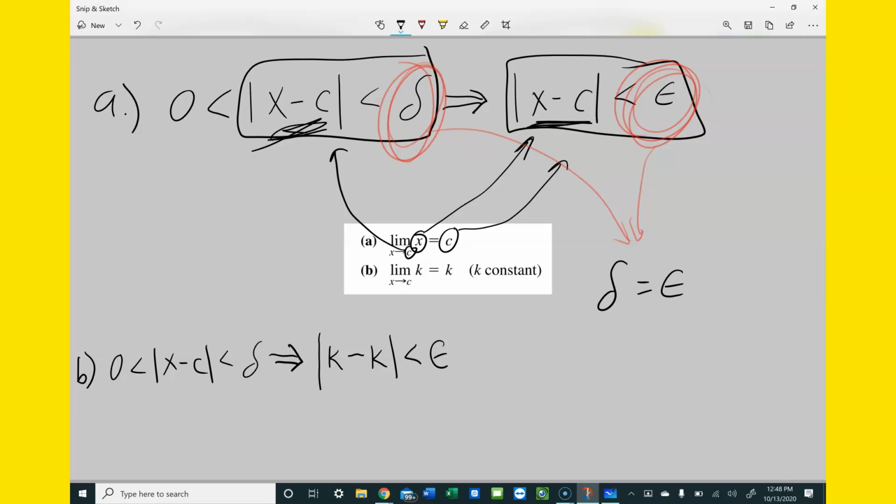All right. This one's going to actually be very simple. What is k minus k? It's just 0. The absolute value of 0 is less than epsilon.